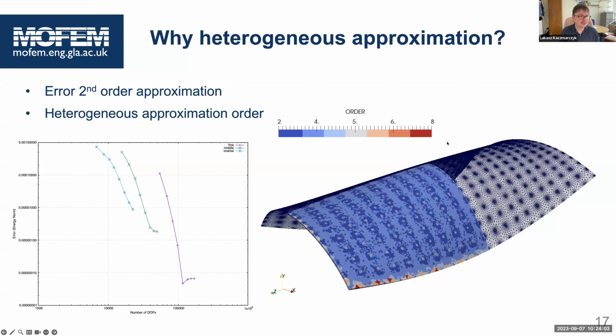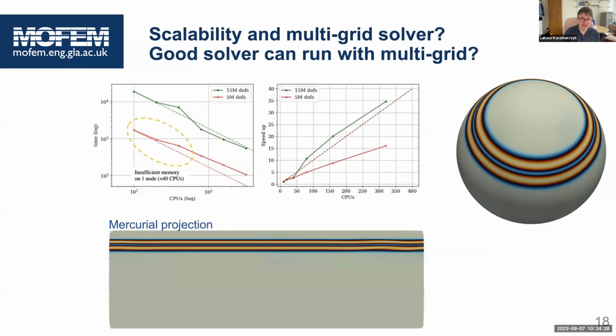Okay, so this is about being efficient in what you are doing, but it all comes with a cost. Your code becomes more complex and requires data structures which can handle heterogeneous approximation orders, enable you to raise the approximation order locally, and allow you to do that efficiently.